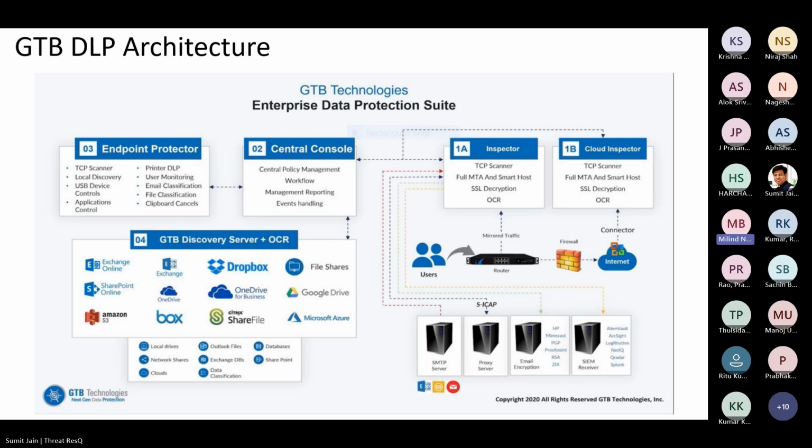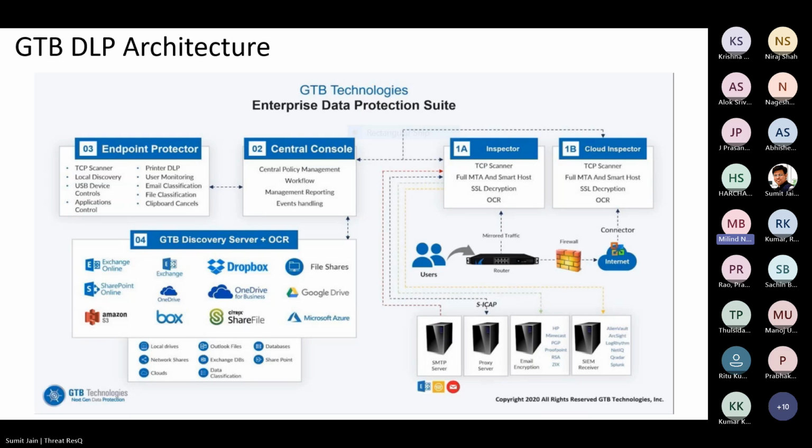Now suppose sometimes you want agentless operation, right? In that case, network DLP comes into the picture, where there are two kinds of licenses you can opt for. One is the GTB inspector, for mail transfer or mail-related tracking, where the agent is not installed and still you want to track the mail. The GTB network inspector works in series with your firewall or your router in your network.